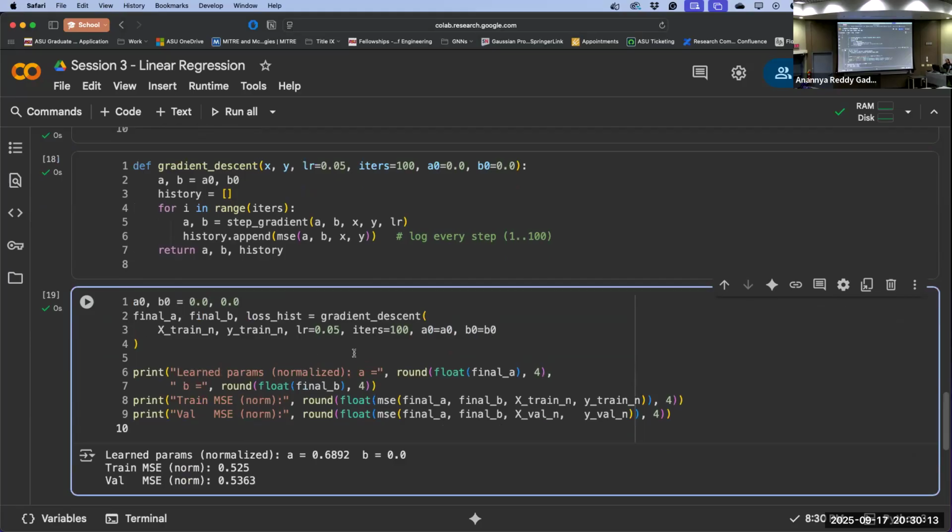So this is the next cell. As I said, we are going to calculate the parameters and also the MSE values. Here is the code for it, and when you run it, you can see the actual values calculated. So go ahead and type this, and we'll be plotting the graph afterwards.